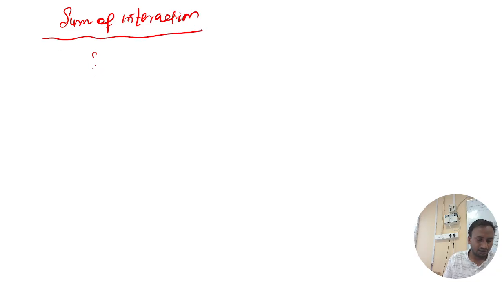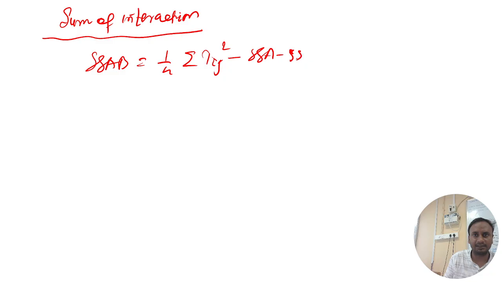Now we'll go with the sum of squares for interaction. How will we do it? SSAB is 1 by n, summation of Tij square, minus SSA, minus SSB, minus GT square by N. 1 by n, how much? 4.